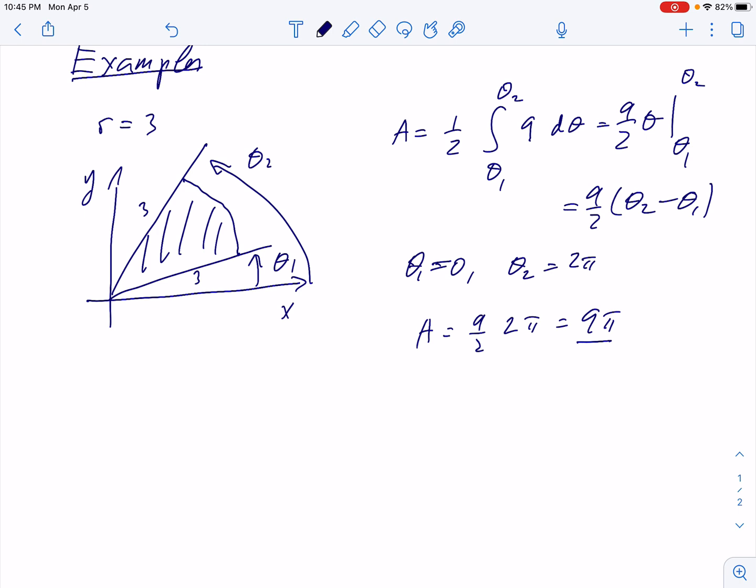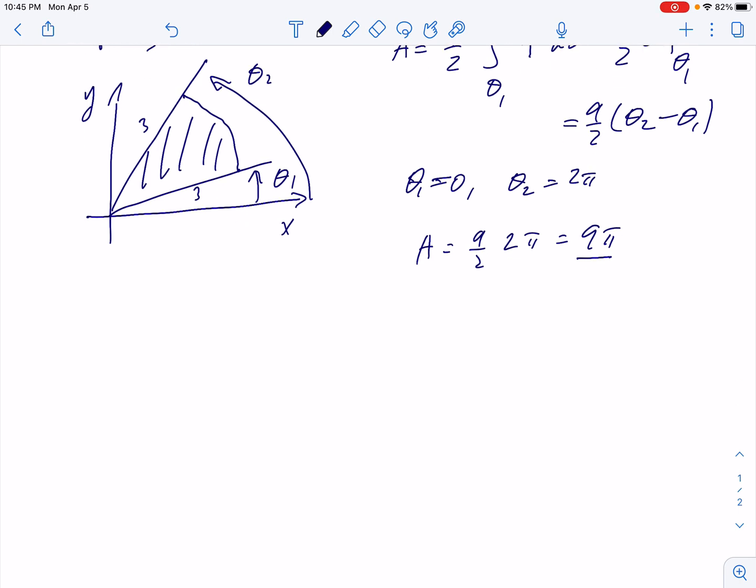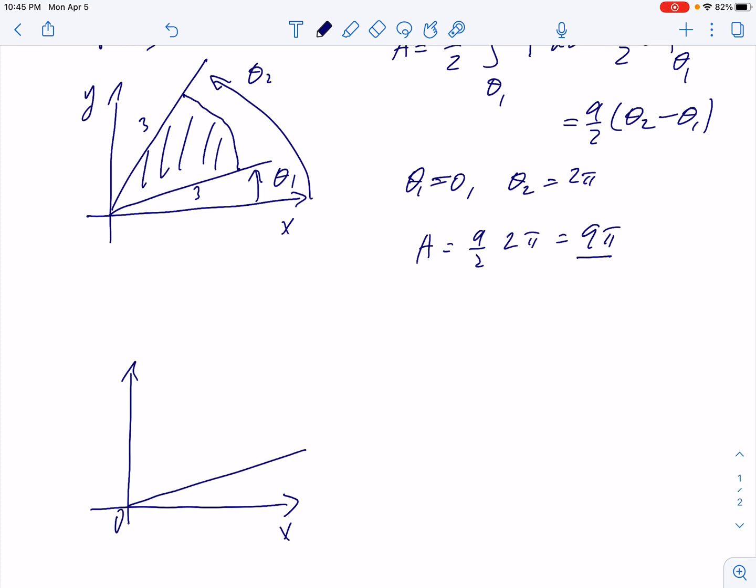Now, suppose we have a little bit more complicated area between two circles. So let's say again we have first quadrant for convenient picture. And we have again angle moving between theta 1 and theta 2.